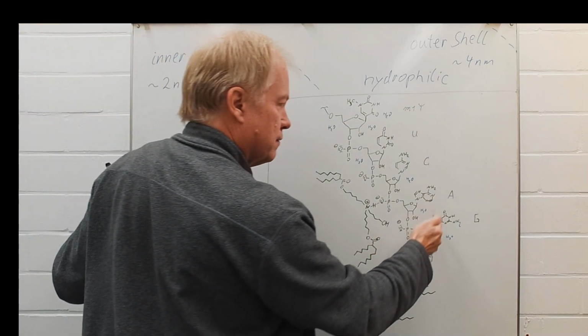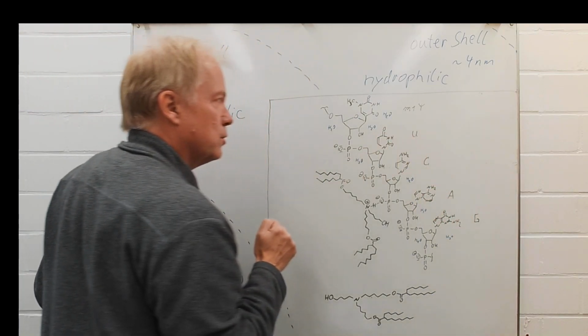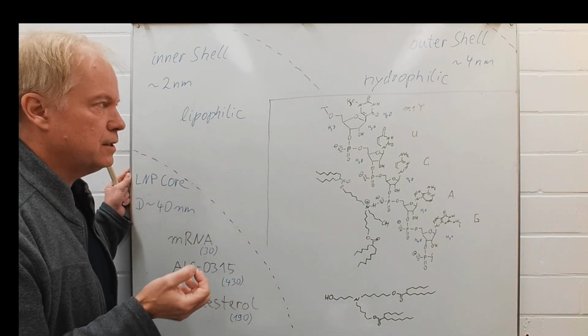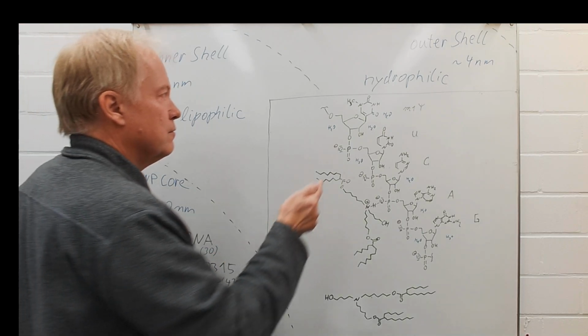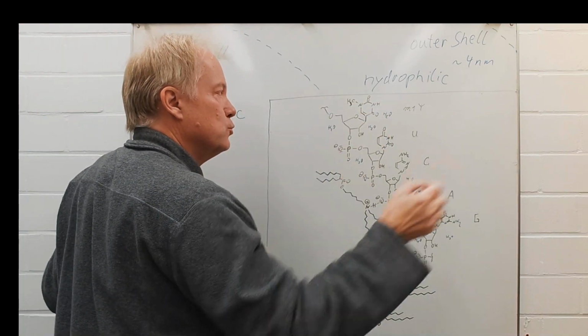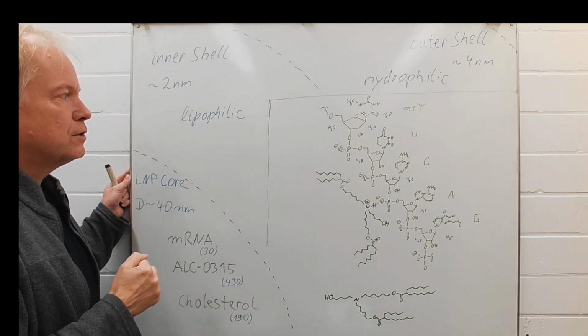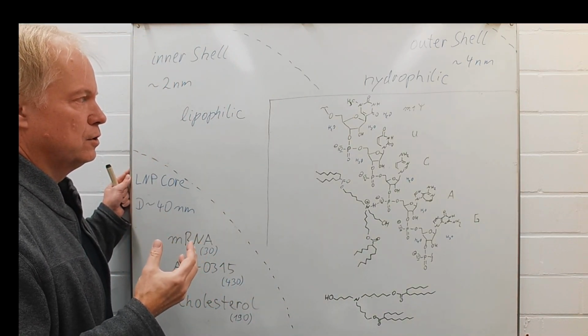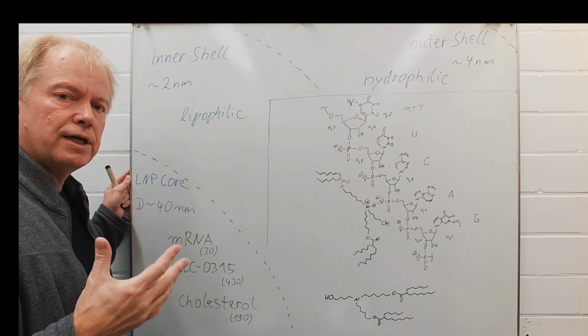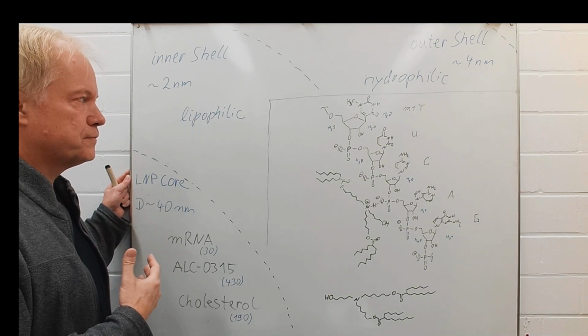We have the classical nucleotides, but in addition, in the modified RNA, we have this so-called N-methylpseudouridine, which is responsible for a higher stability, for instance, against hydrolysis.